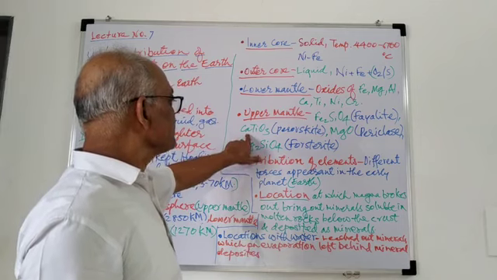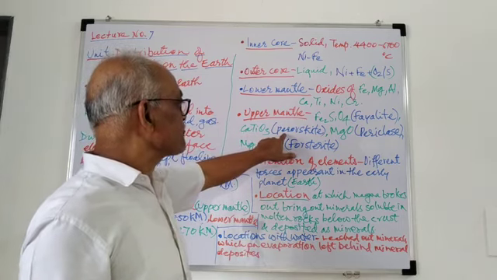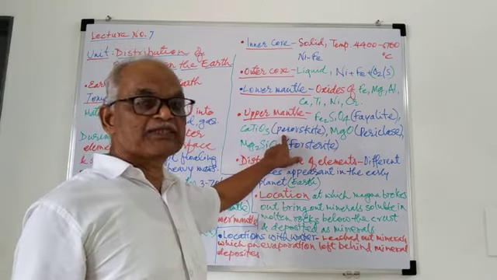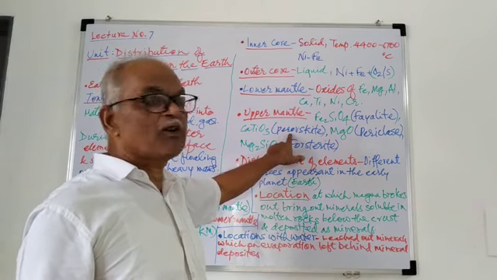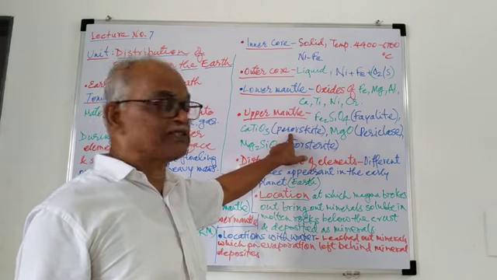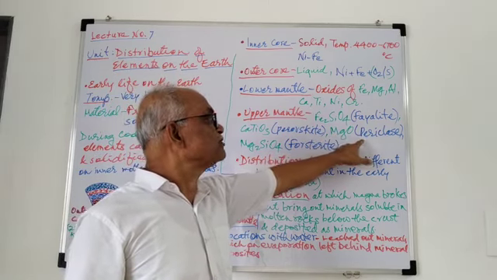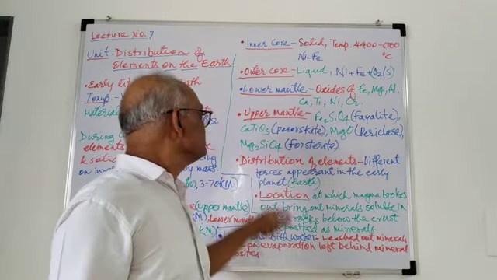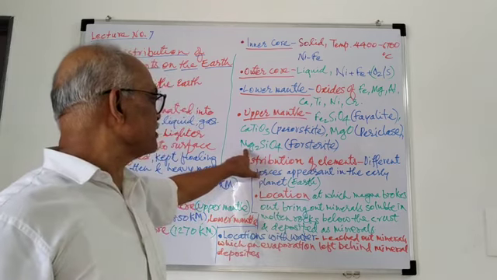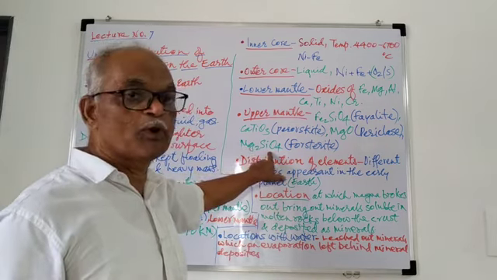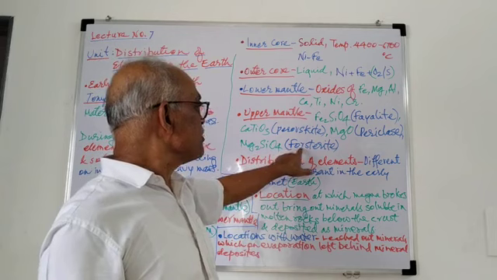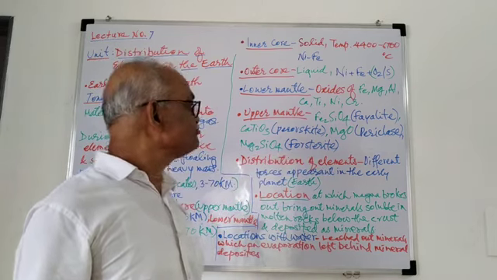Another mineral is CaTiO3, that is perovskite. Then another is magnesium oxide, that is called periclase. And another mineral is Mg2SiO4. It is called forsterite.